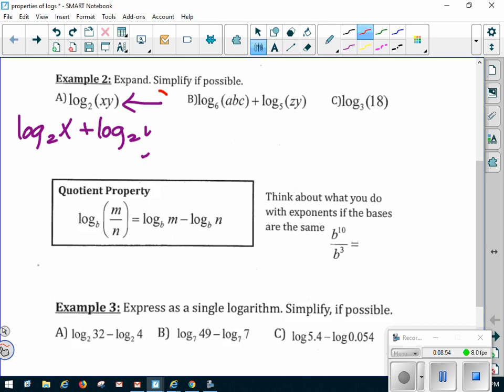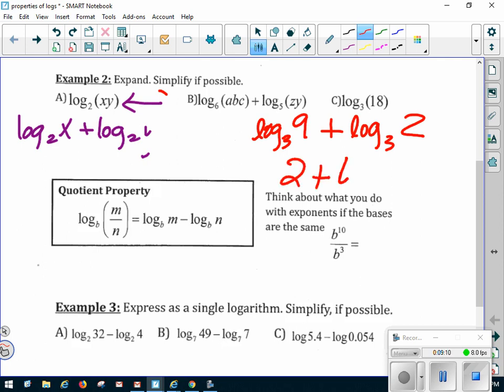Could I do log base 3 of 9 plus log base 3 of 2? I could indeed. What's log base 3 of 9? 2 plus log base 3 of 2.